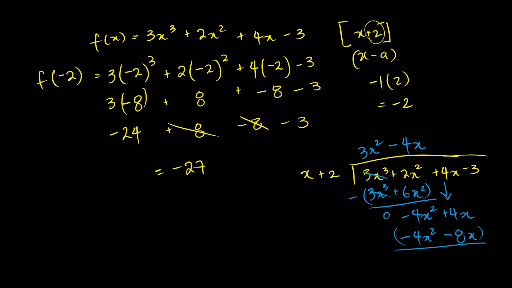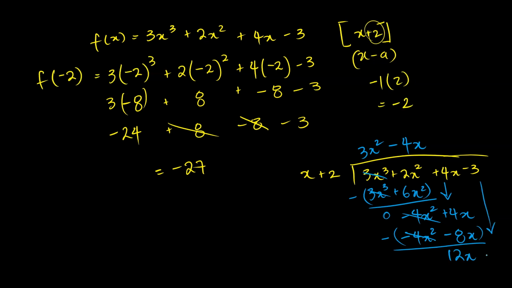We'll go ahead and subtract again. So negative 4x squared minus negative 4x squared. It's actually going to become plus, so they'll cancel each other out. And 4x minus negative 8x is going to actually become 8 plus 4, so that is 12x.